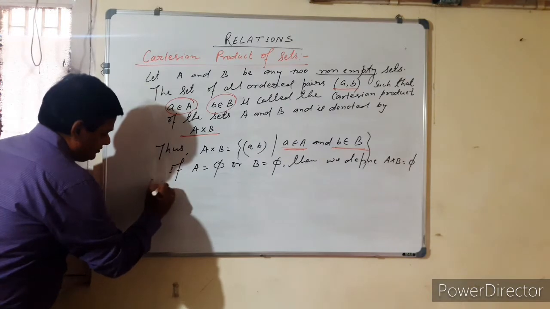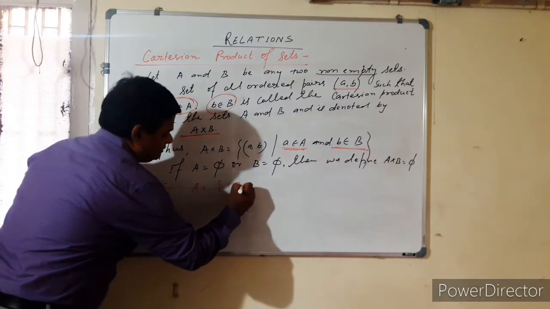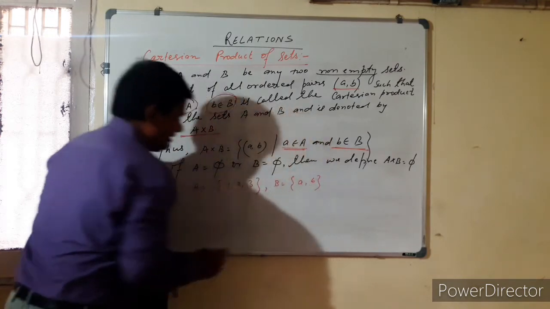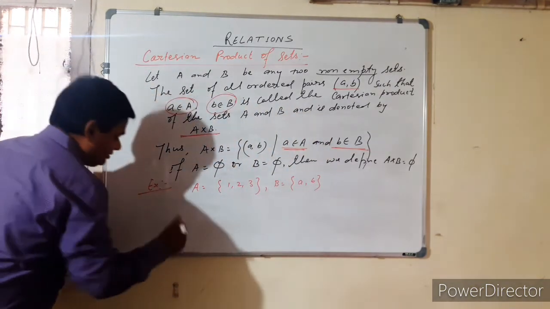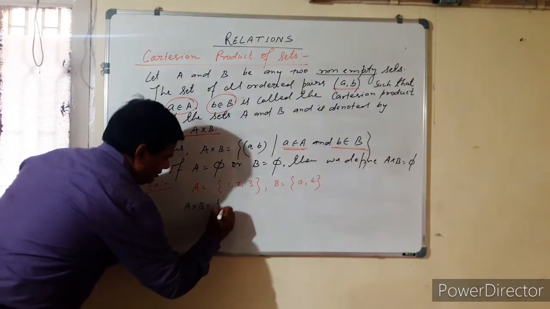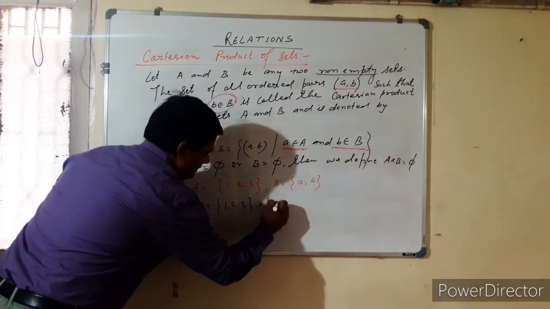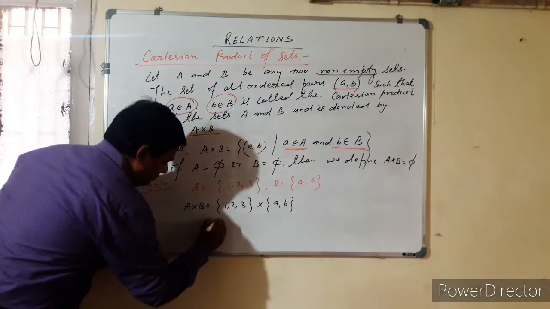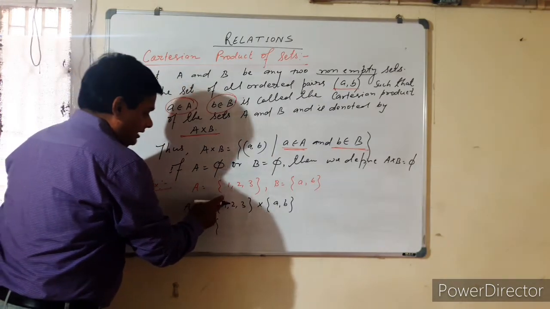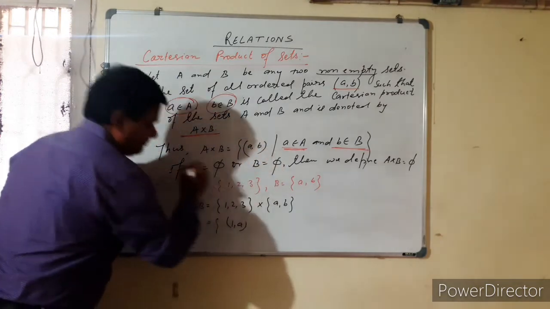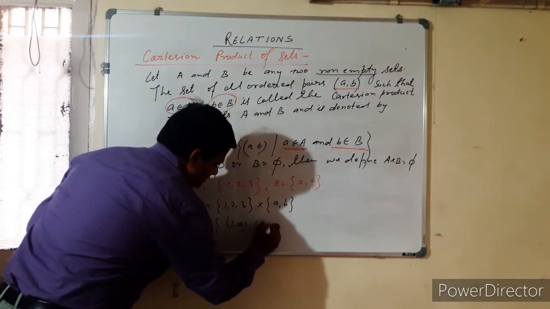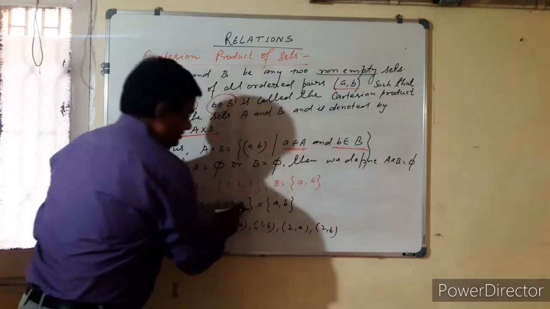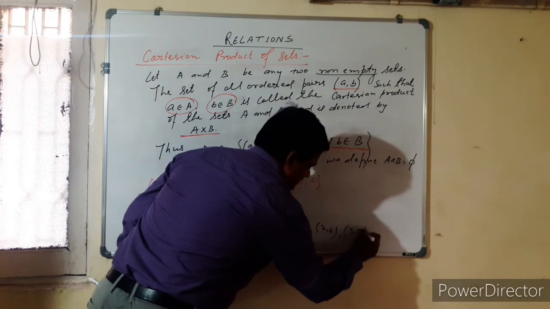For example, see here, if A equals {1, 2, 3} and B equals {a, b}, then we are finding A cross B. See here how we write the ordered pairs: (1, a), (1, b), (2, a), (2, b), (3, a), (3, b).